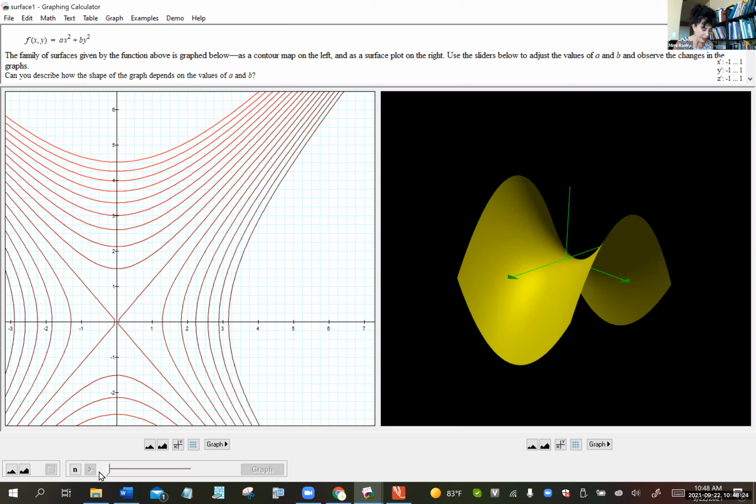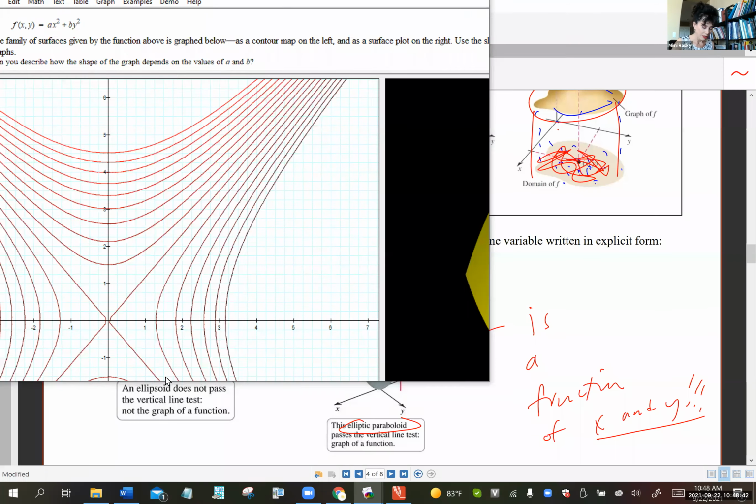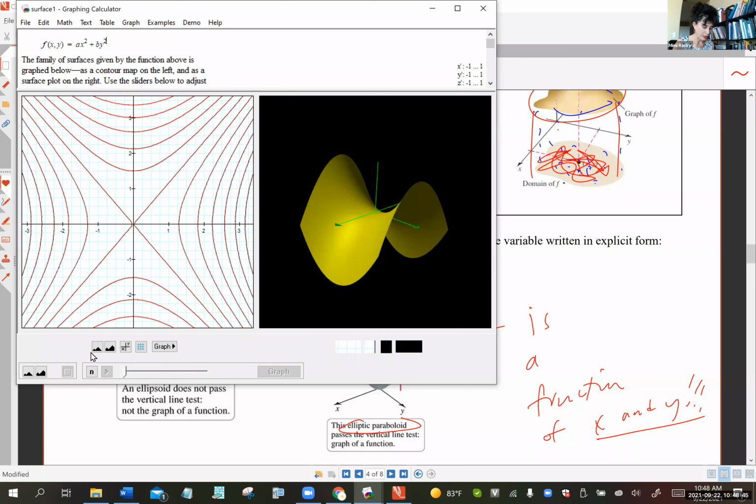But if I slide the slider, can I do that? It'll let me. No, maybe not. This one's not letting me use the sliders. No, I'm not getting any sliders here.